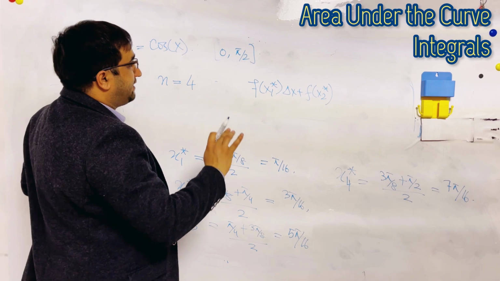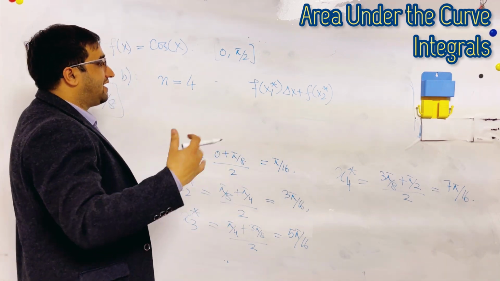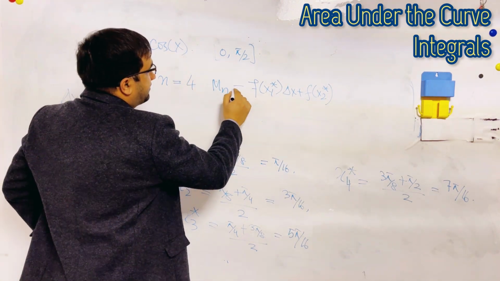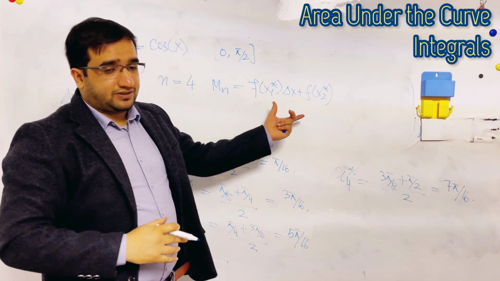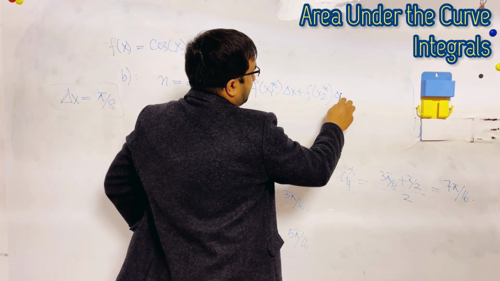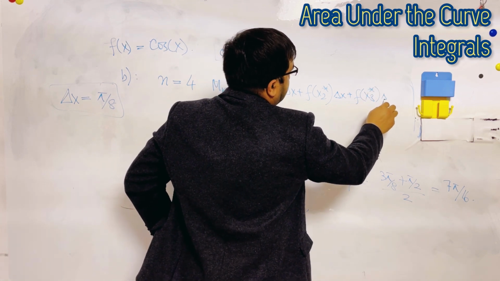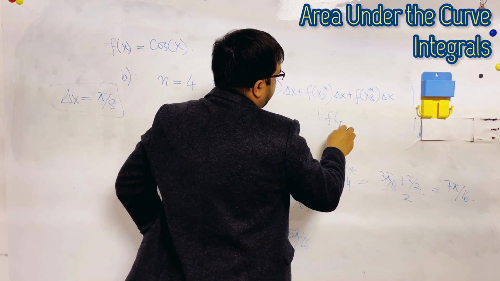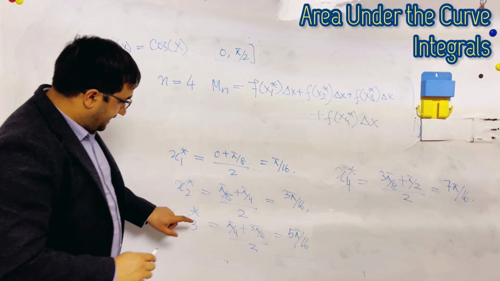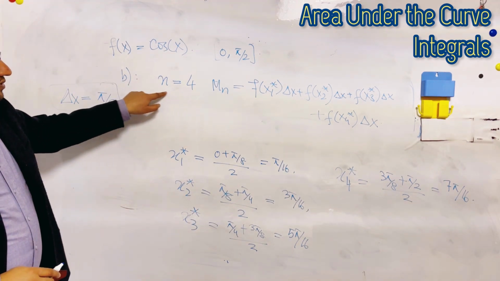For the midpoints, for the left points you can use Ln, for the rights you can use Rn, so for the midpoints let me say Mn, because we are going to calculate for the midpoint. Plus f of x3 star delta x plus f of x4 star delta x. That's it. We only have 4 points because n equals 4.